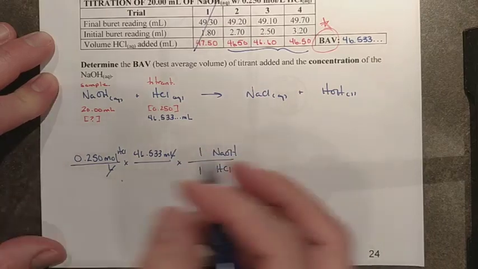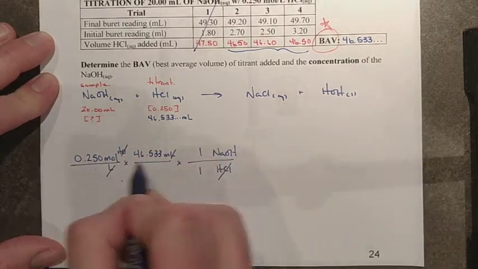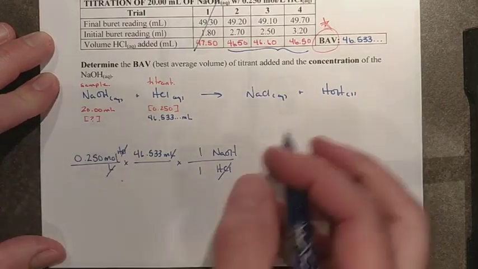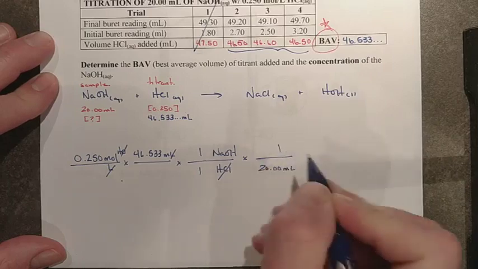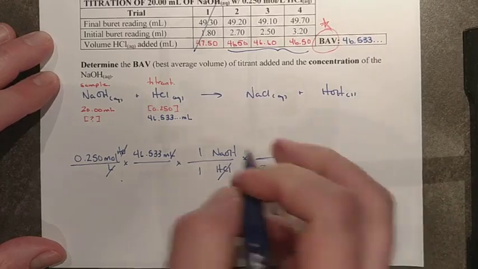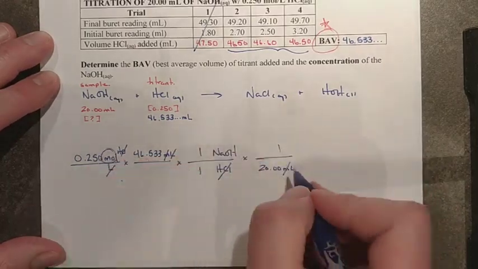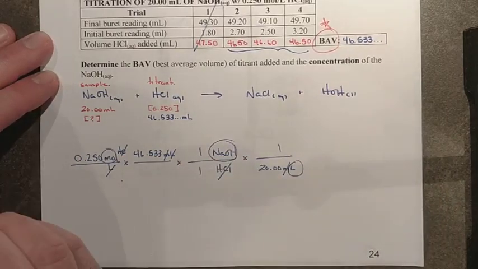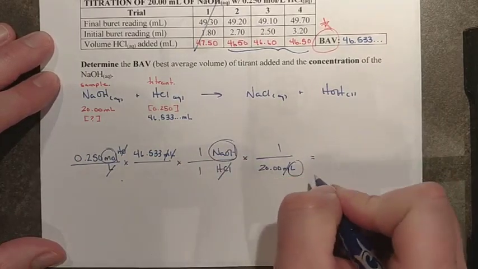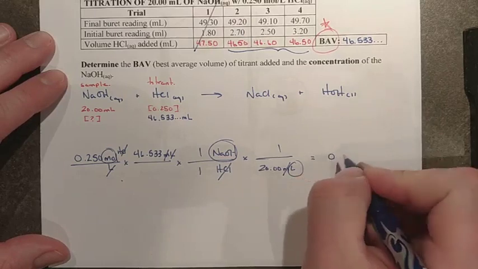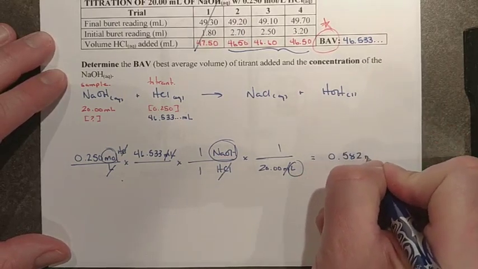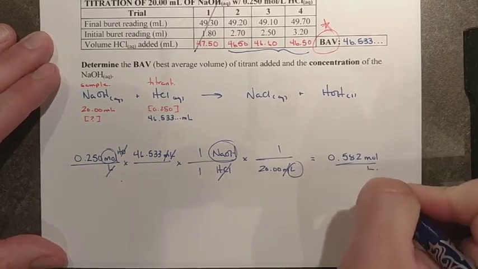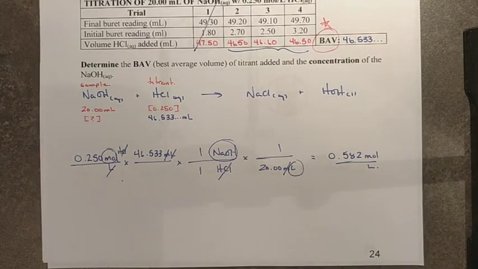They're both 1 part each. HCl goes. I now have millimoles of NaOH, but I wanted a concentration, so I'll put the volume of it in the denominator here. And you can see the milli now goes, and I have moles per liter of NaOH. Run that through your calculator and round it to 3 digits, and we get 0.582 moles per liter for my NaOH. Okay, there you go with that one.